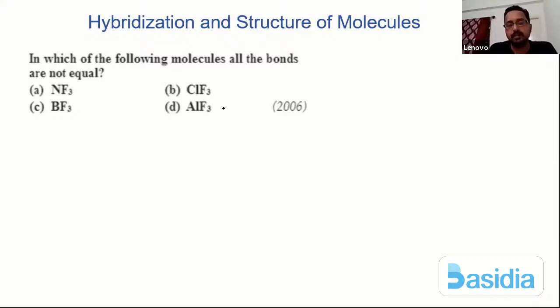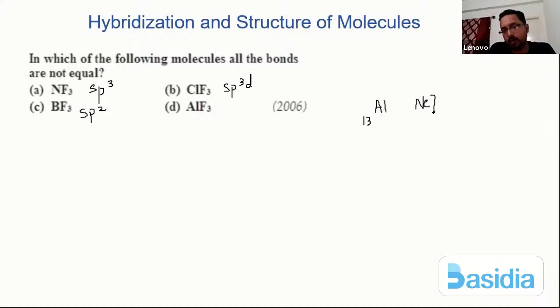Right. So what is the most simple thing? Already we discussed NF3, right? NF3 has a hybridization of sp3. BF3 hybridization is sp2. ClF3 was sp3d hybridization. AlF3, correct? If you check the hybridization, the atomic number is 13, correct?